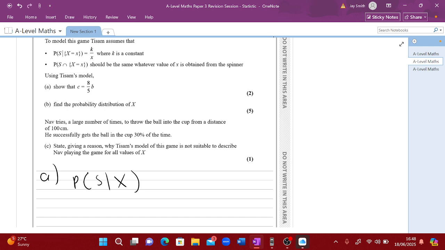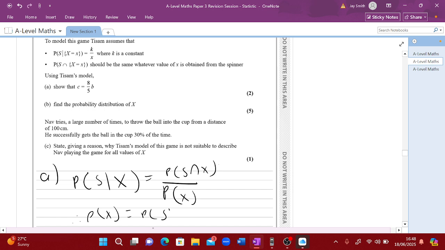This formula relates the intersection of two events, S and X, to the conditional probability of S given X. If we are given X, then we already assume the probability of X, and then we need the probability that X occurs and then S occurs, so it's S and X. We're given these two already. So if we rearrange, the probability of S and X is P of S given X times P of X. And we're given information about both of these.